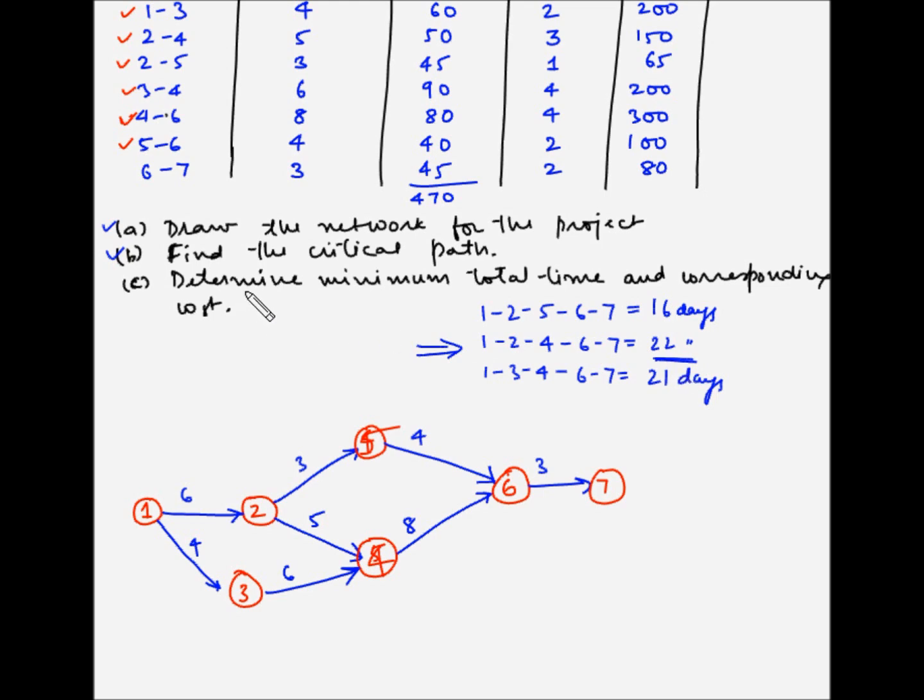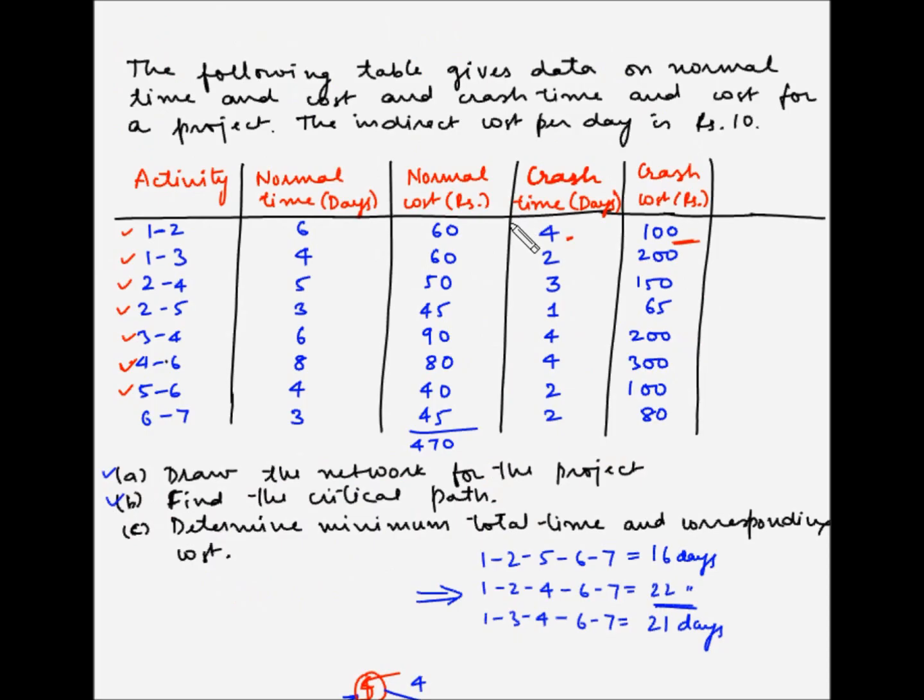Now next is to determine the minimum total time and corresponding cost. So now we are being asked that if the normal time for completing the project is 22 days, how quickly can we complete the project with all these crash times for these activities, and what will be the corresponding project cost?